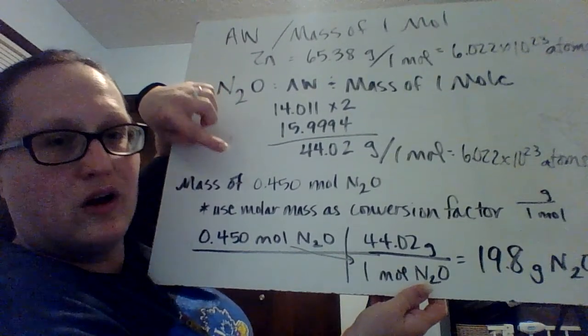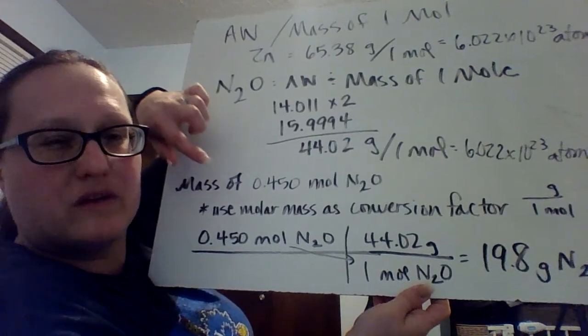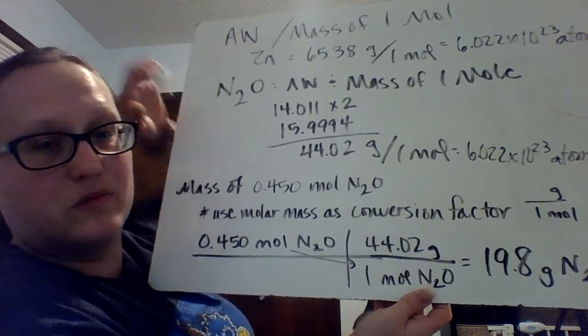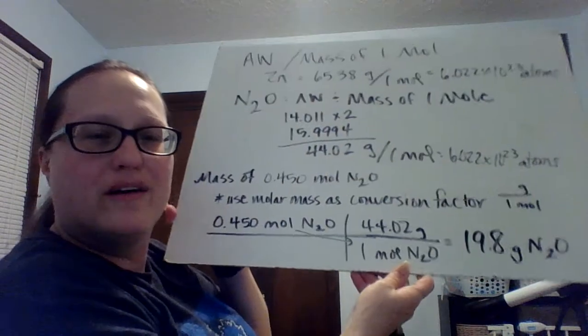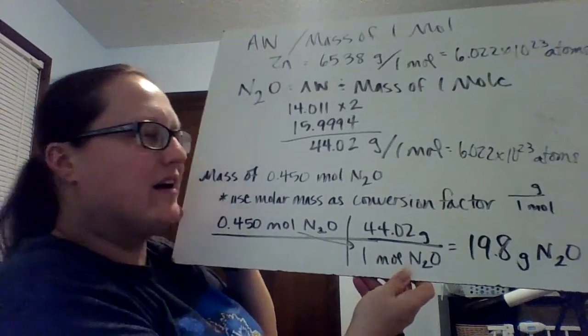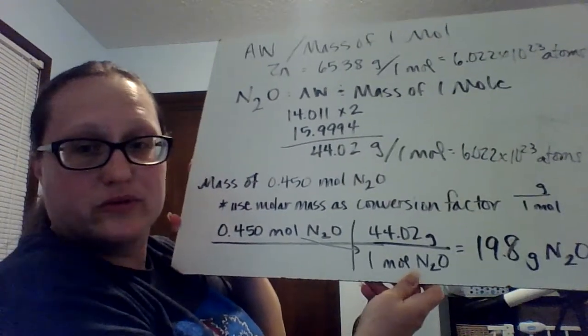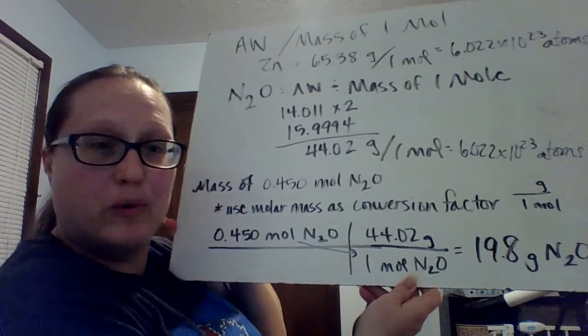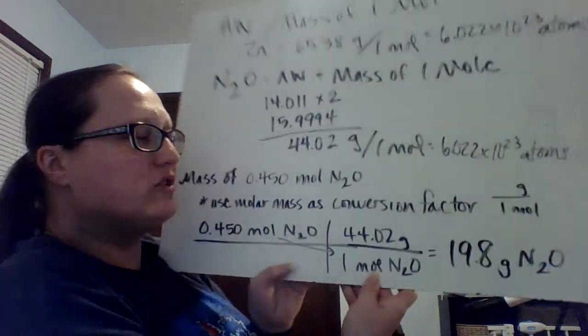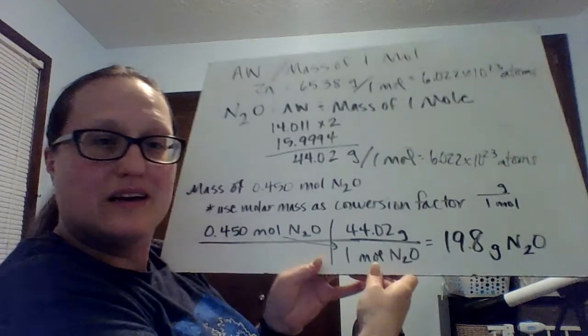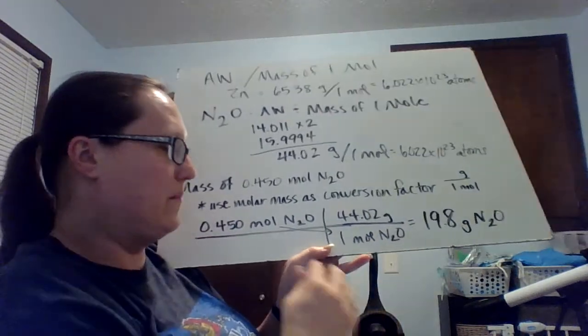What if I had less than that? What if I had 0.450 moles of dinitrogen monoxide and I wanted to know how many grams that was? So I know I don't have a mole, so I know it's going to be less than 44.02, but I can do just a very simple stoichiometry dimensional analysis setup.